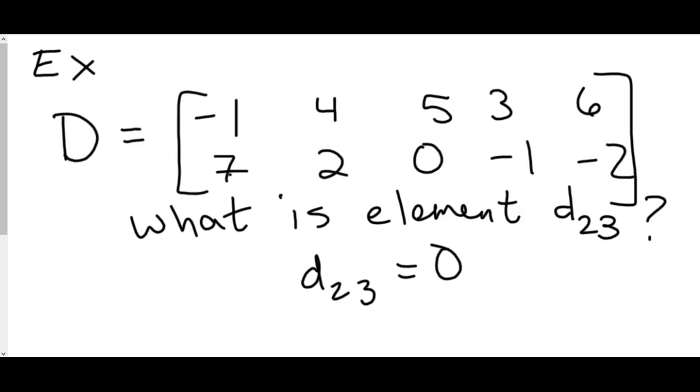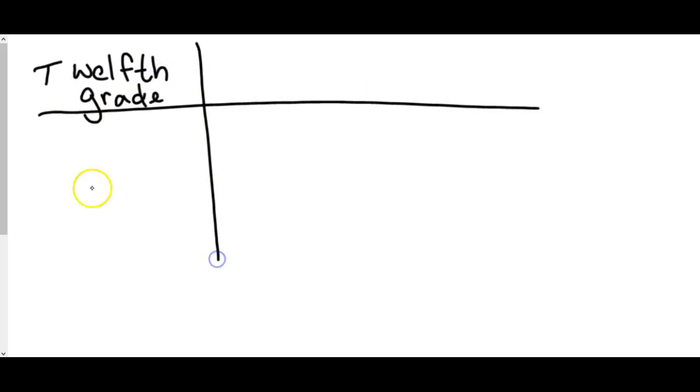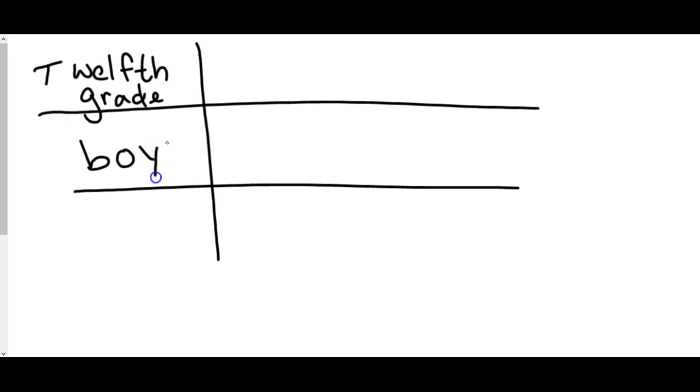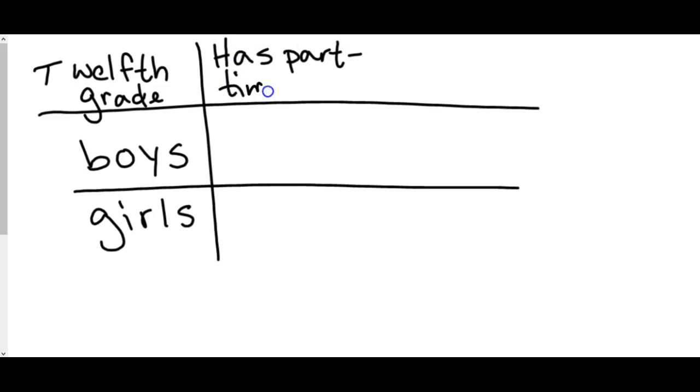So those are just the basics of the notation. Now we can use actual data. So they'll have a real life example and they'll have data with some information. So let's say the 12th graders were surveyed from a certain school and they surveyed the boys and the girls and asked who has a part-time job and who doesn't have a part-time job.